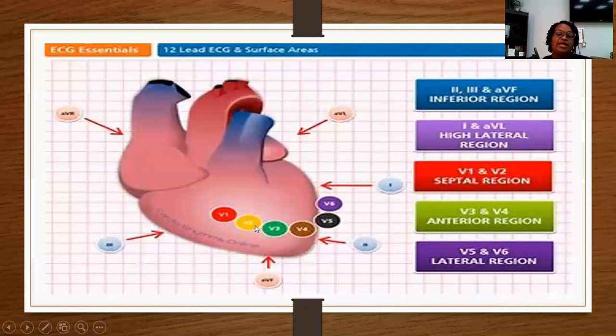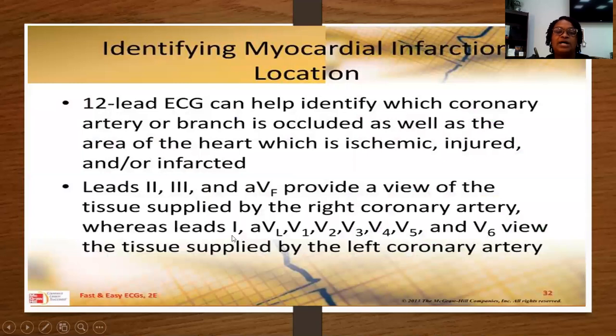So here, when you have the EKG leads on the outside of the patient's heart, this just gives you a visual illustration of the areas of the heart that those leads are looking at. Okay, so identifying a myocardial infarction location.